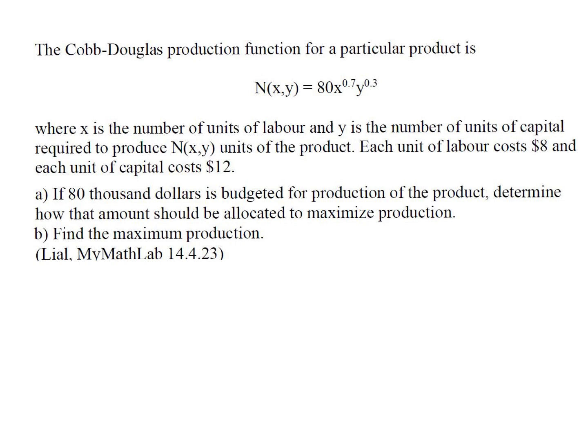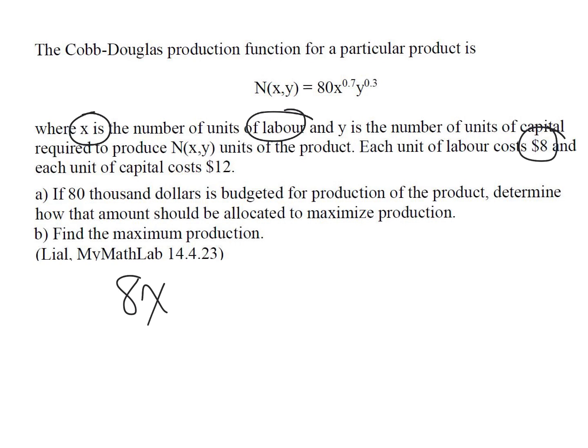Okay, so let's think about this just as we've been doing the last couple of examples. We need to establish the constraint function first, and we have X is the units of labor, and every X costs $8. Okay, so we have 8X.